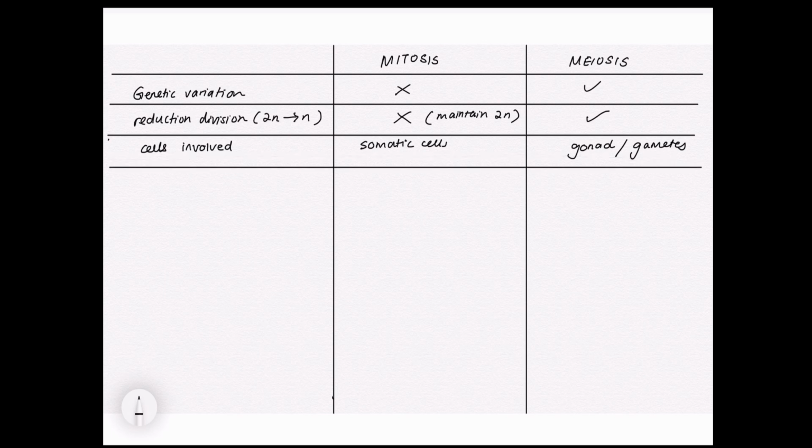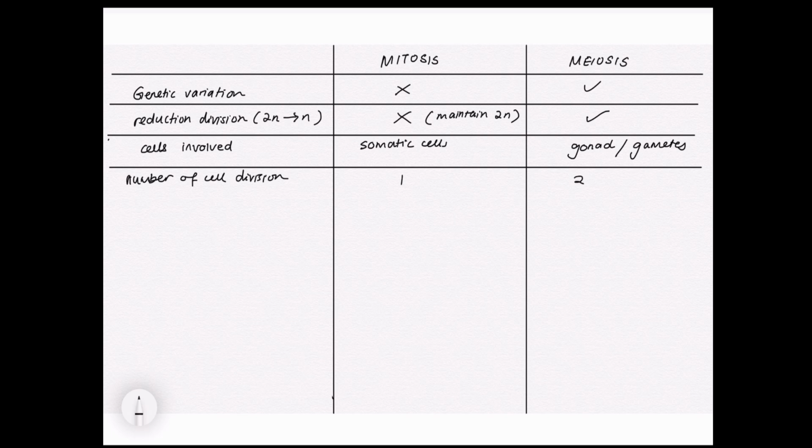So how many cell divisions does each process consist of? Remember, in mitosis, you just have one set of P, M, A, and T. So it's only one. For meiosis, you have 2 cell divisions.